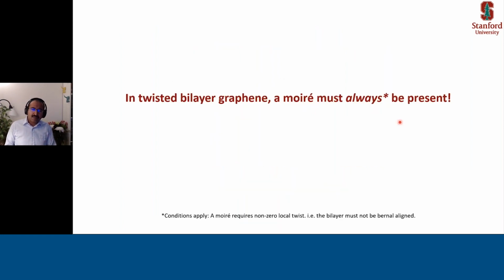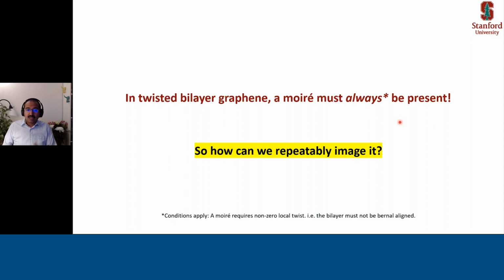What we were guided by all along is, as long as there is a twist between two layers of graphene, there must be a moire present. It wouldn't be present if the twist angle is zero, that is a Bernal bilayer. But otherwise, as long as there is a twist, the moire must always be present. So how can we repeatably image this twist?